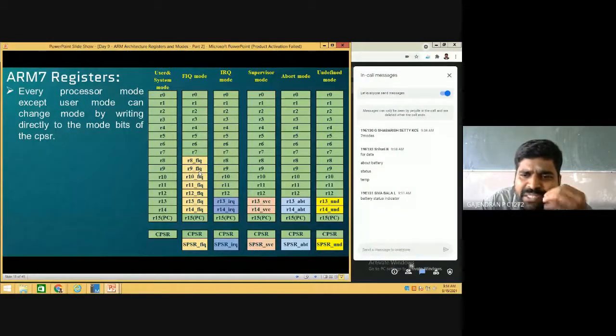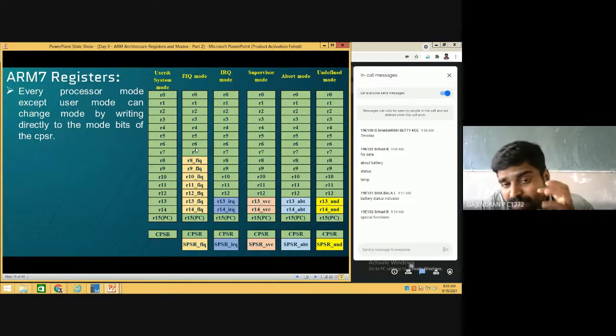Can anyone interact by unmuting your mic, please? What may be the advantage by switching from here to here? Any idea? What special functions, what advantages are you getting by having some fast copy?